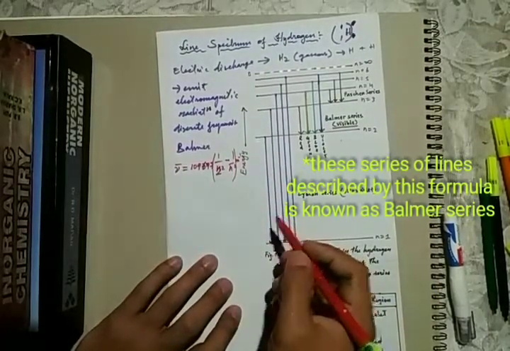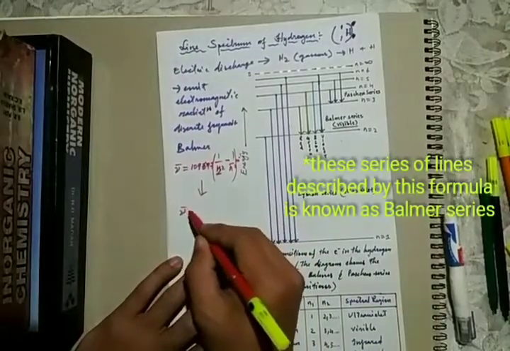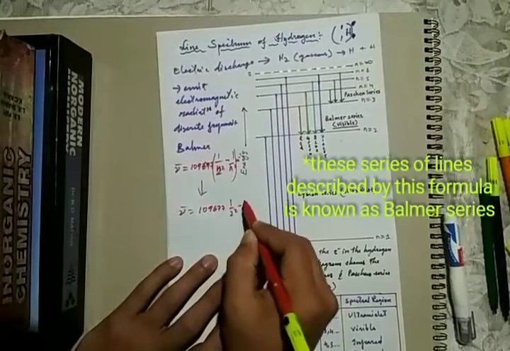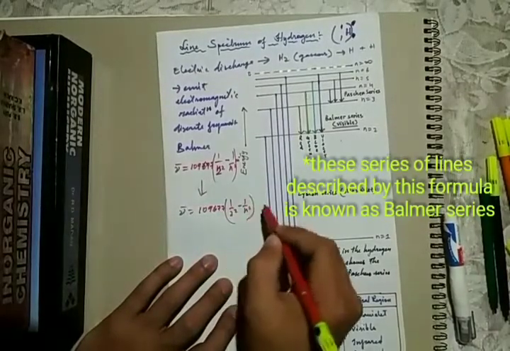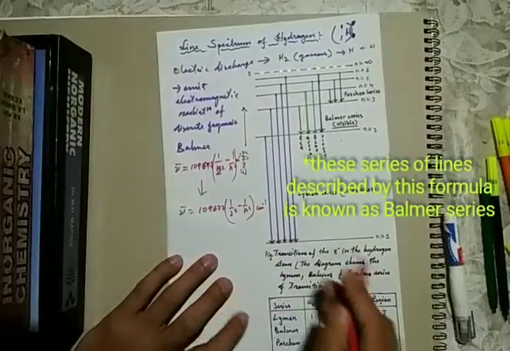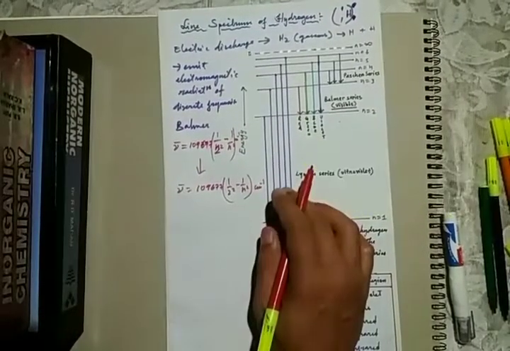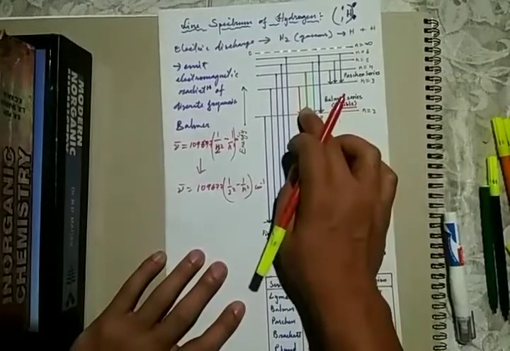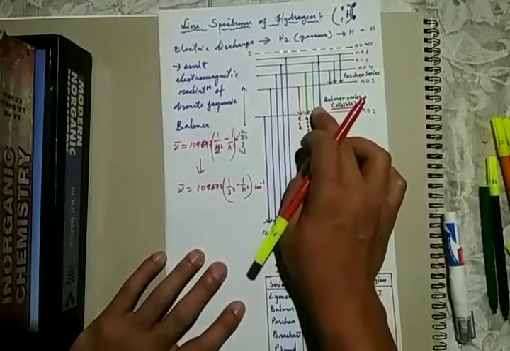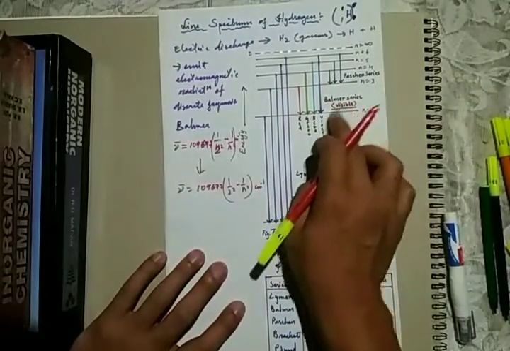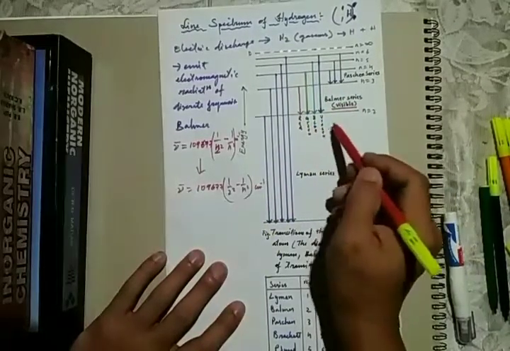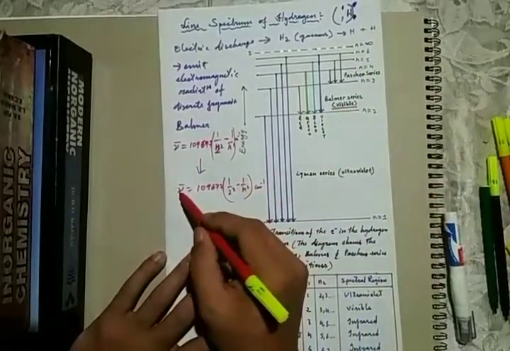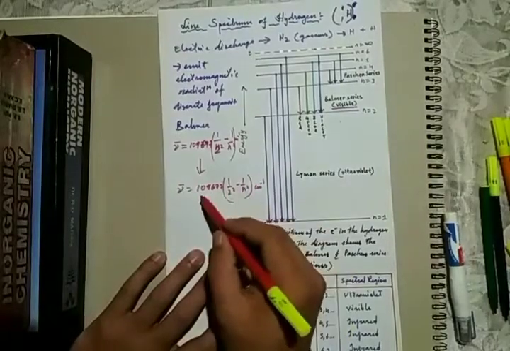Let me write it again here. So he found these spectral lines of hydrogen in the visible region, red, green, blue, violet, and gave this wave number relation.